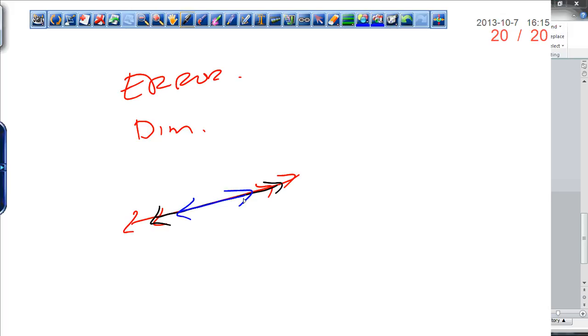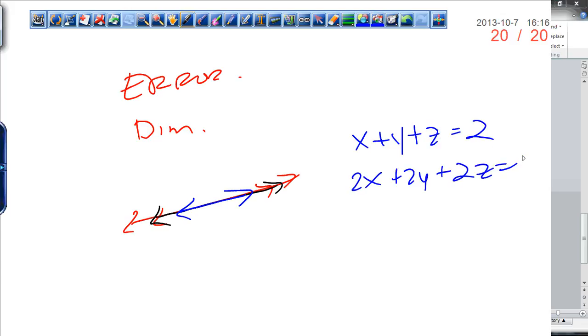So that would mean the equations are exactly the same, so like x plus y plus z equals 2, and then 2x plus 2y plus 2z equals 4, and 4x plus 4y plus 4z equals 8. Those are the same because they're all divisible by the same number. If I divide this by 2, or sorry, divide this by 4, I'd still get the same answer. So that'd be infinitely many.